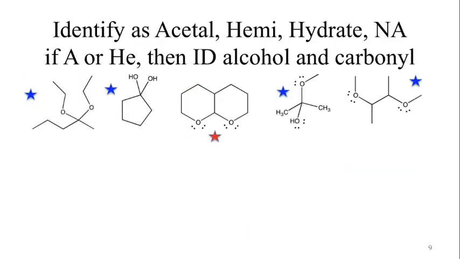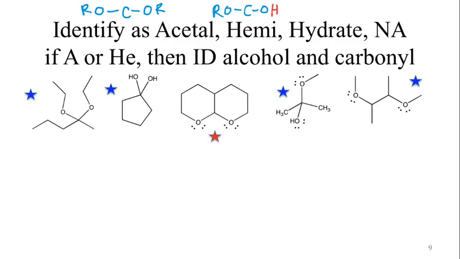So, what can we do as far as identifying these? So what we want to identify or piece together, in all of these cases, our acetal, hemiacetal, or hydrate, we're looking for a carbon that is bound to an oxygen, or 2 oxygens. And in the case of the acetal, we've got R groups. In the case of the hemiacetal, our carbon is bound to those 2 oxygens, where one is now, instead of being an R group, one of those is now a hydrogen.